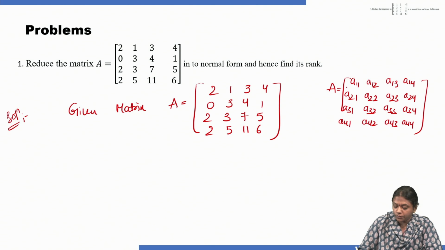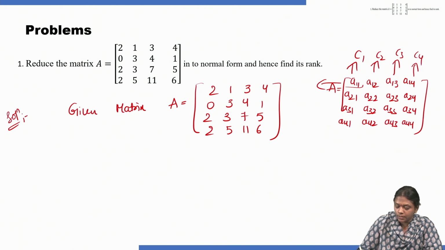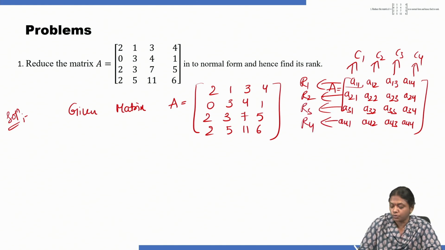Here we know this is the first column, second column, third column and fourth column. Similarly, the rows are denoted R1, R2, R3 and R4. So in total we have 4 rows and 4 columns.